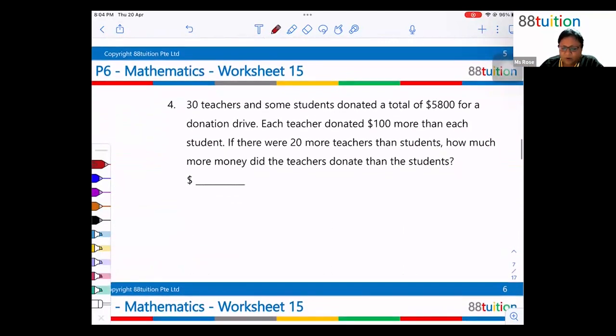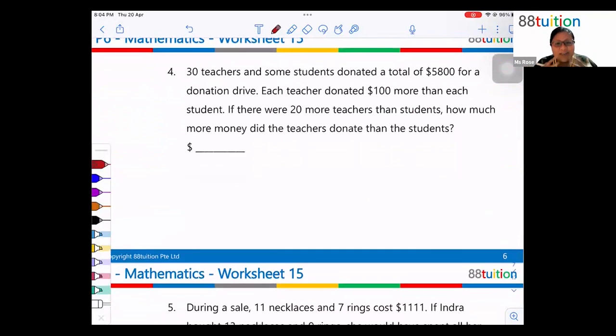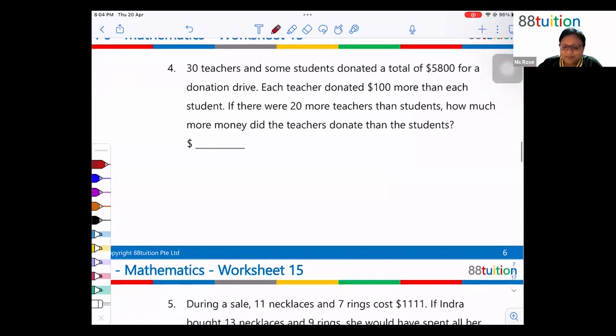So question number 4. Now I want to explain to you, how many of you remember when you submitted your answer for this question, you got it wrong? Earlier I also misinterpreted this question actually. So now I'm going to explain.